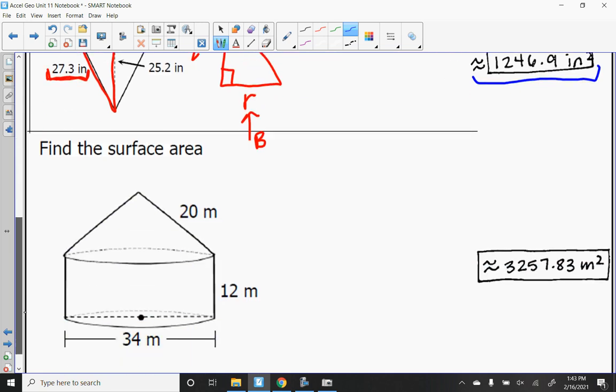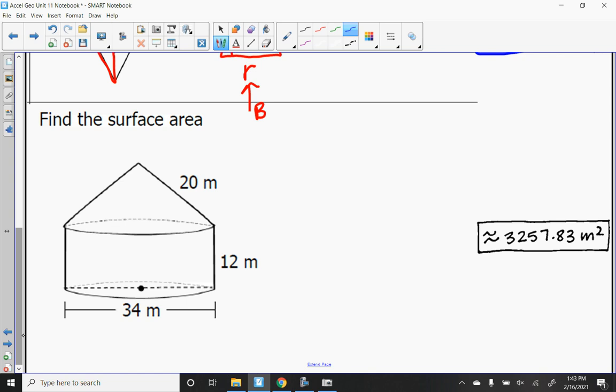All right, so right here, when you have two pieces that you have to add together, you have your cone on the top. So on your cone, you would need your L. There's your slanted height right there. You'd have your radius, which would be half of the 34.